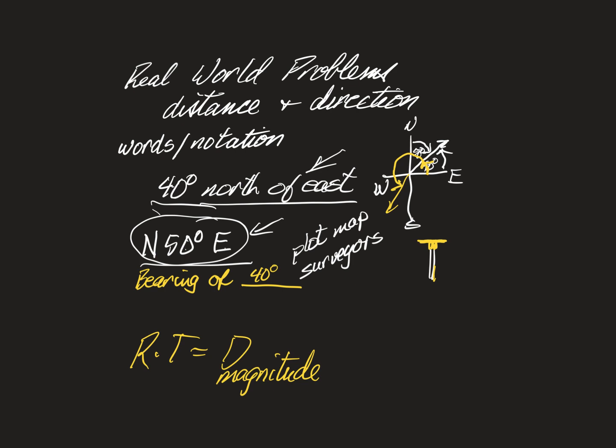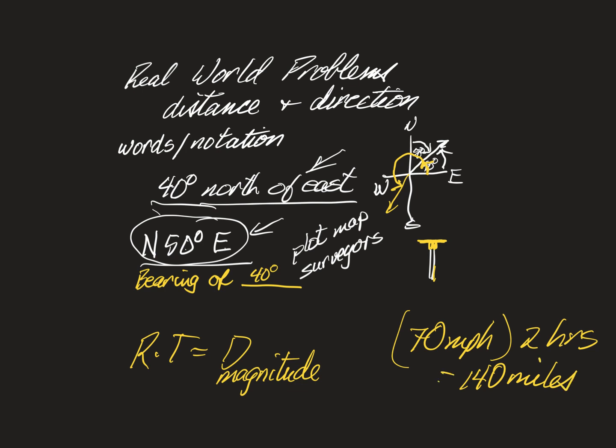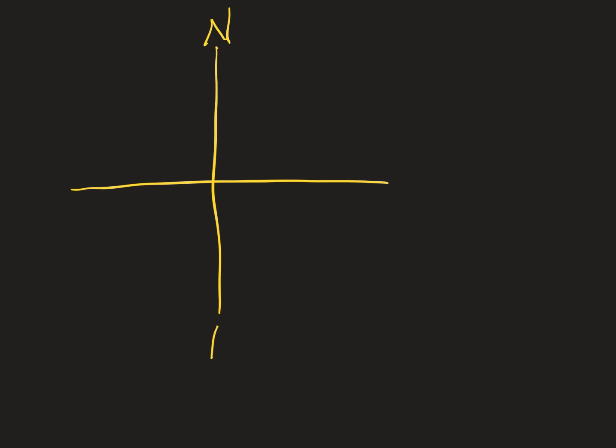So, if you drive 70 miles per hour, and you do that for 2 hours, then the magnitude is going to be 140 miles. Okay? How far did you go? All right? So let's move forward and look at some problems. So let's say you are driving on a road, okay?